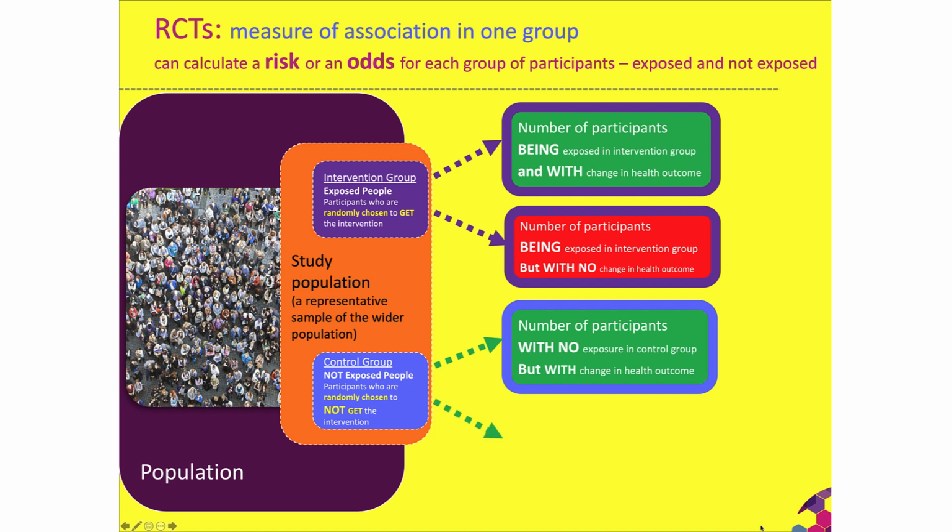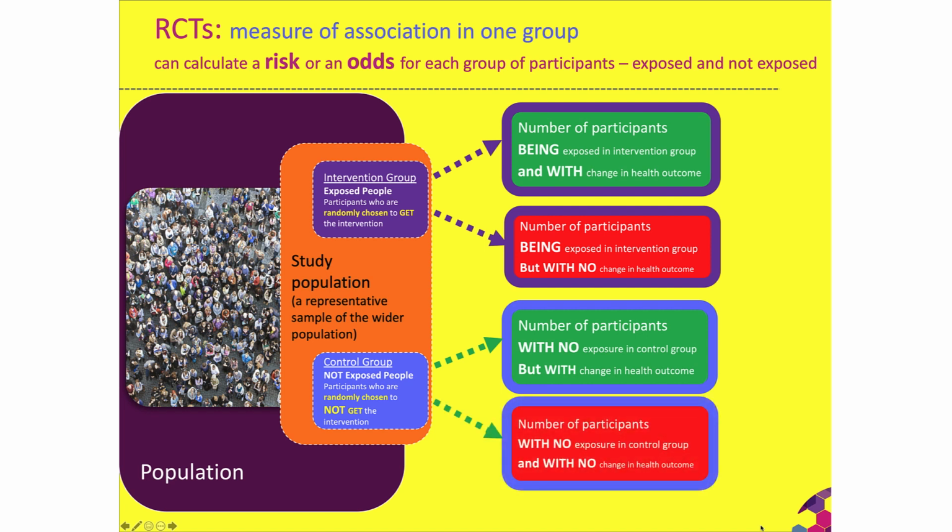And then lastly, number of participants without the exposure to the intervention in the control group but with no change in health outcome. Now, I hope you've realized from the last time I showed you this diagram that the change in health outcome is green and the no change in health outcome is red.